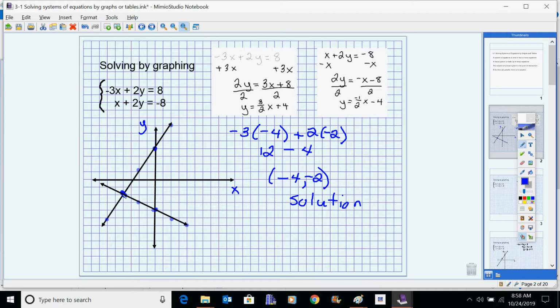Negative 4, negative 2. So it's the whole ordered pair, negative 4, negative 2, because that's where they intersect. And it has to make both of these true.